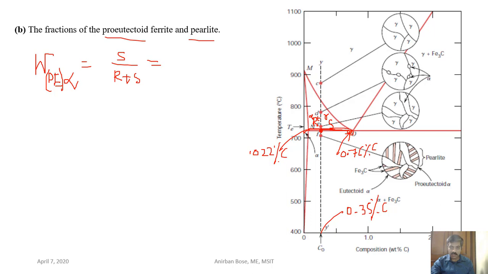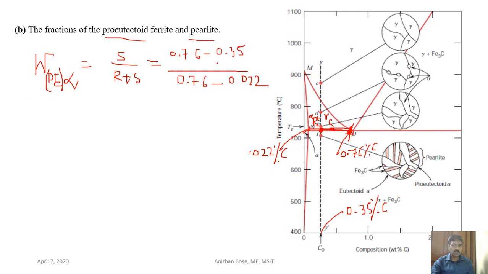S is this composition minus this composition. This is 0.76 and this is 0.35. So 0.76 minus 0.35 divided by the total R plus S. Total length is 0.76 minus 0.022. Okay, so this is the pro-eutectoid ferrite.